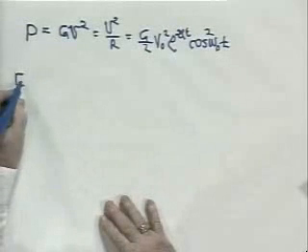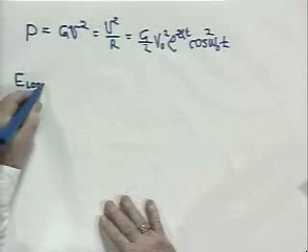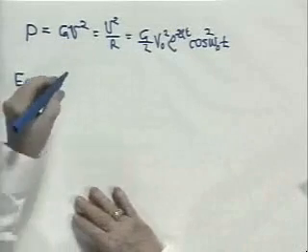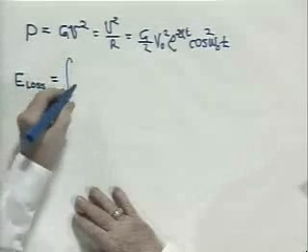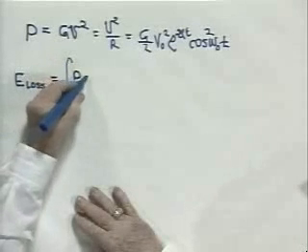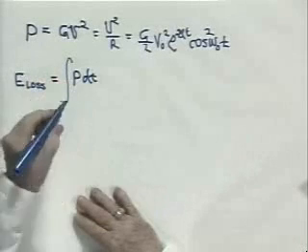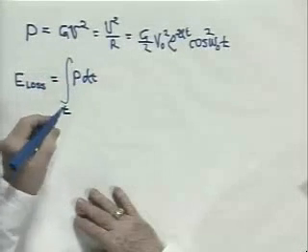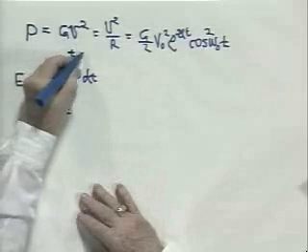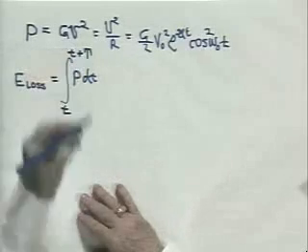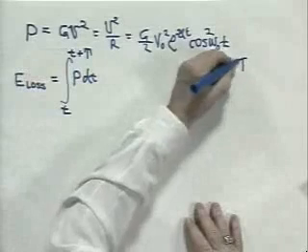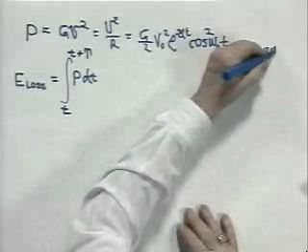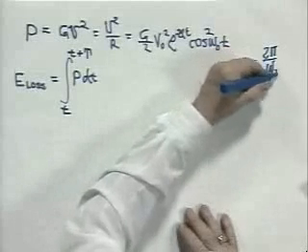The energy loss in the resistor averaged over some period of time is just the integral over that period of time of p dt. Let me take it over a period, that is from t, any time t, up to t plus capital T, where capital T is the period, which is 2 pi over omega naught.